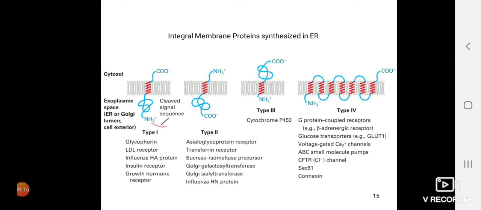In membrane proteins, the topology is about how many times the protein moves in and out of the membrane, and which side, that is which terminal, the N and C terminal of the polypeptide chain, is present.